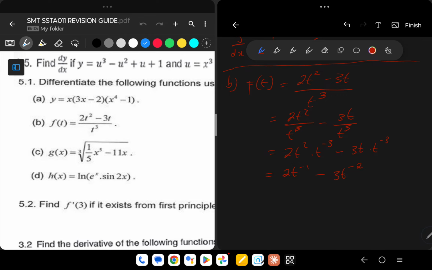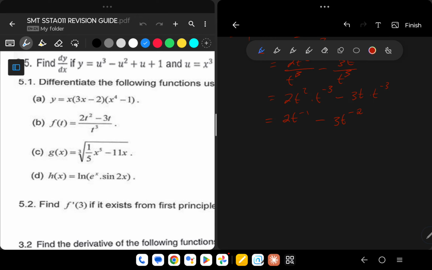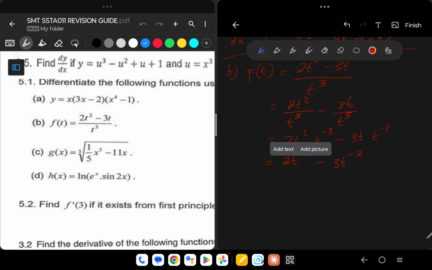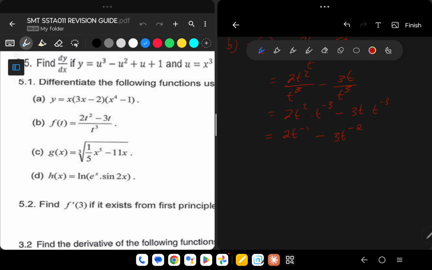So now if it's like this, we can now find our f prime at t. This is just what you bring the exponent down, you keep the constant outside, and then you derive your t there.